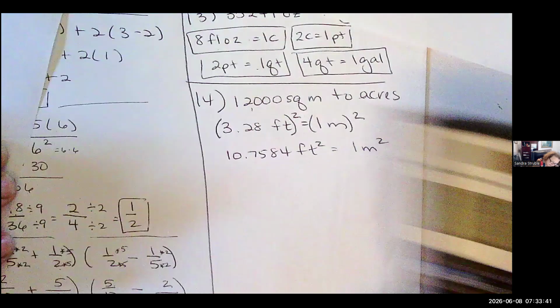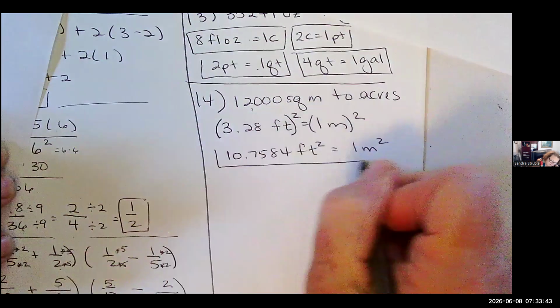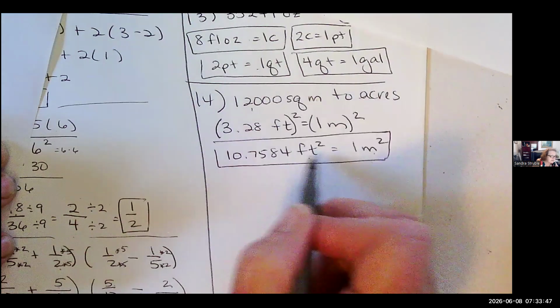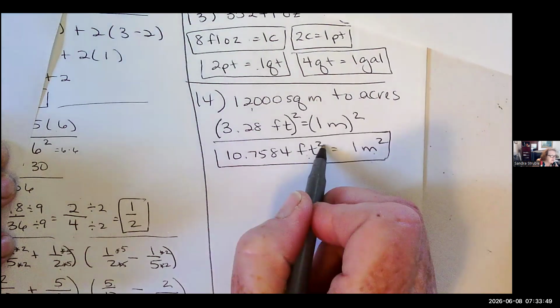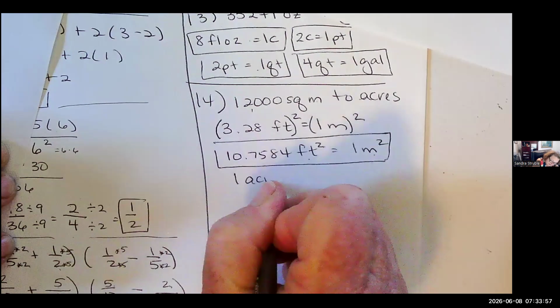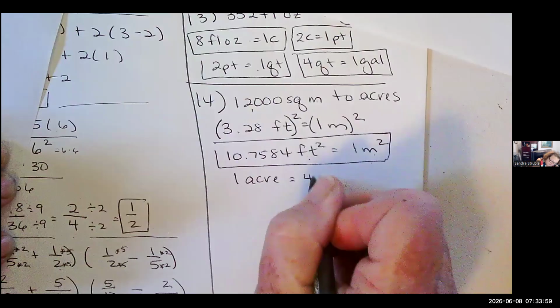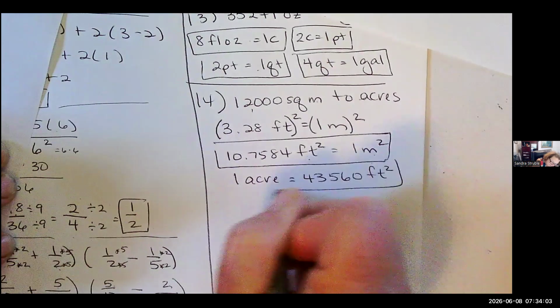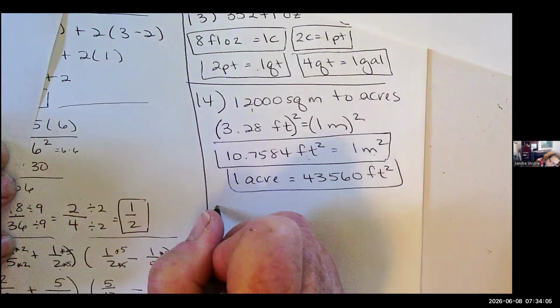That gets us from meters squared to feet squared. And then I need to get to acres. And 1 acre is 43,560 square feet. I'm going to use these two conversions, starting off with 12,000 meters squared.